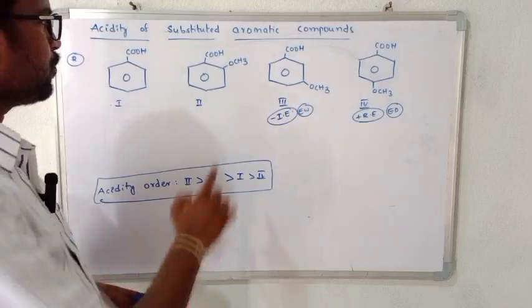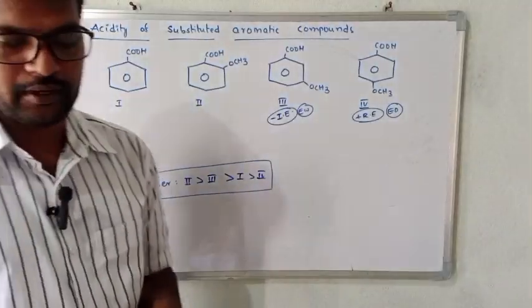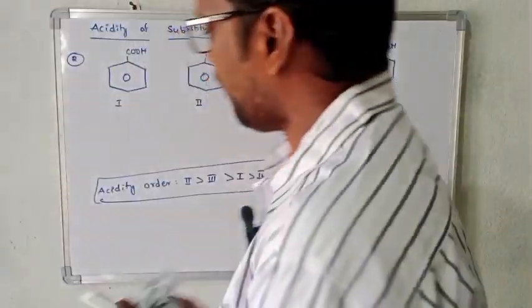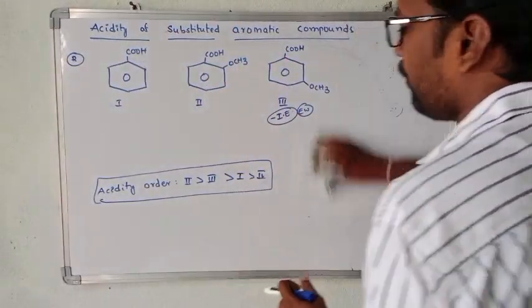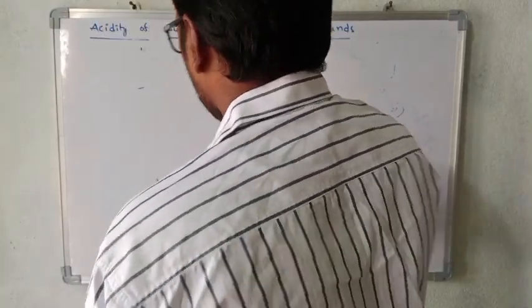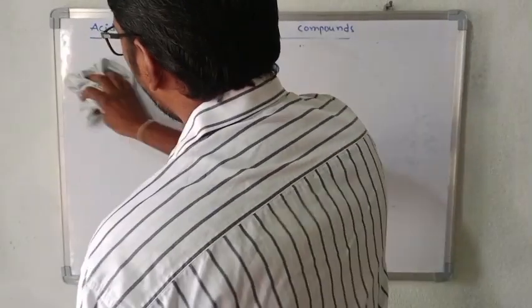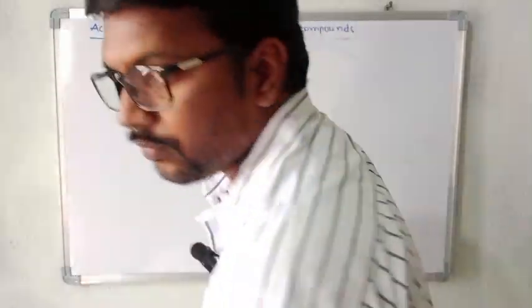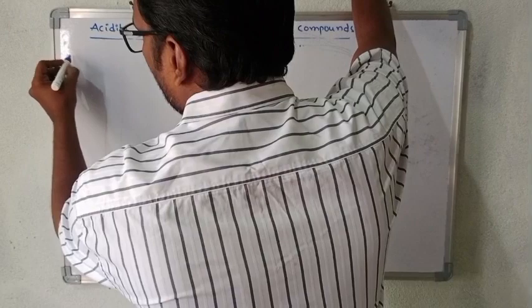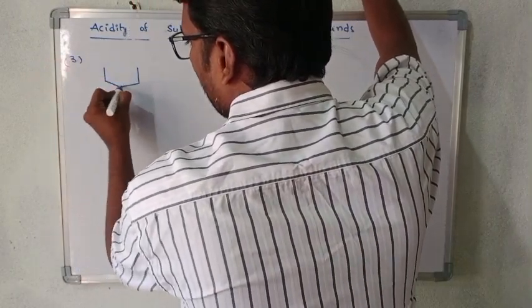In this example, the substituent we took is OCH3, the methoxy group. Right, and next we see another example. In the third example we take another group on the benzene ring. Again benzoic acid is the standard one.